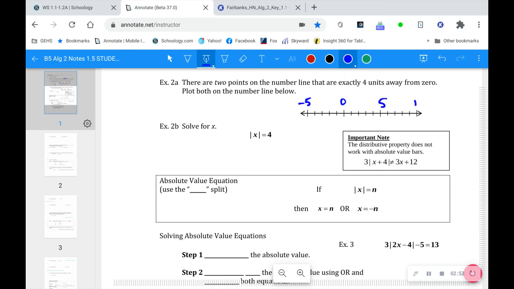Here's a scale. Since we could put a 4 in there for x, the absolute value of 4 is actually 4. I'll show you what that looks like. One of the answers we get is x equals 4.